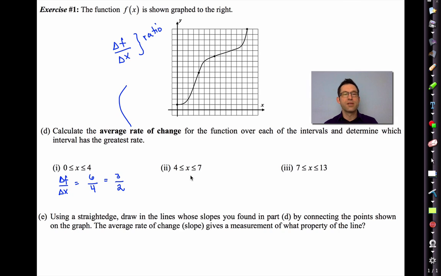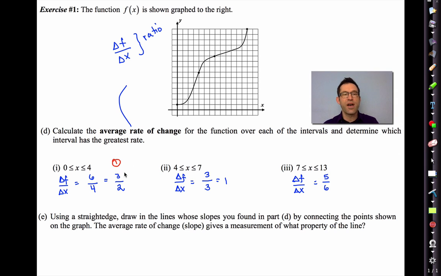Likewise, number 2, the change in f was 3 units over 3 units, so it's got an average rate of change of 1. In this last interval, my change in f was 5, my change in x was 6, and that's as far as we can reduce it. So let's talk about where it's going the fastest.